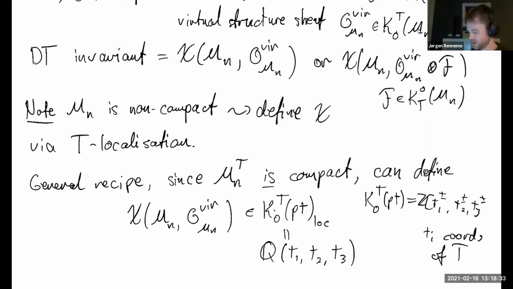Suppressing all the technical stuff about perfect obstruction theories and how to define everything, in the end we can apply this procedure and get a rational function, which we'd like to compute.